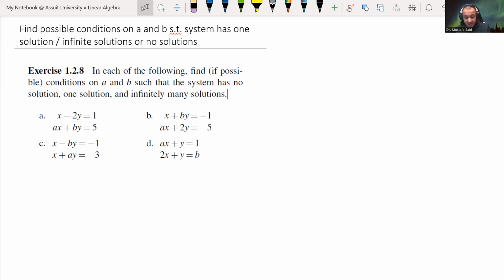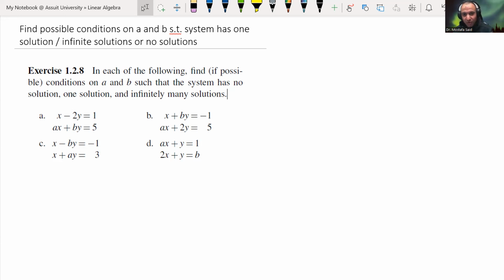So in this example that you can see on the screen, it parameterizes this kind of system. Based on two parameters, A and B, this system can have infinite solutions, or one solution, or no solutions at all.